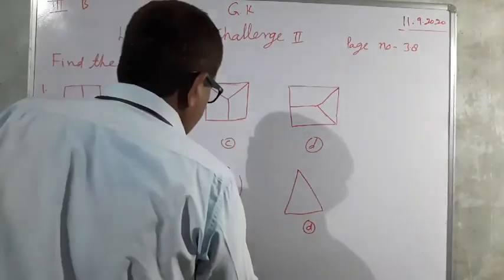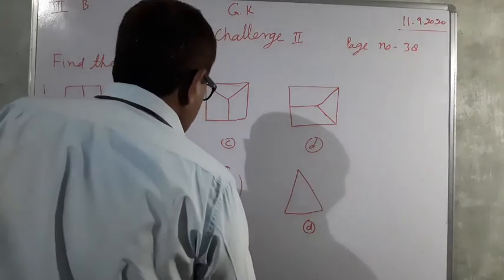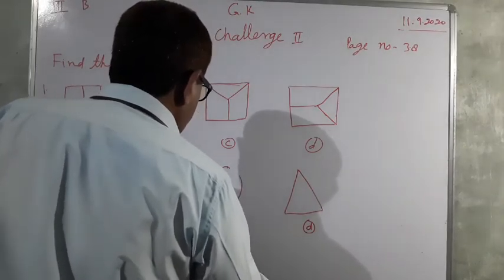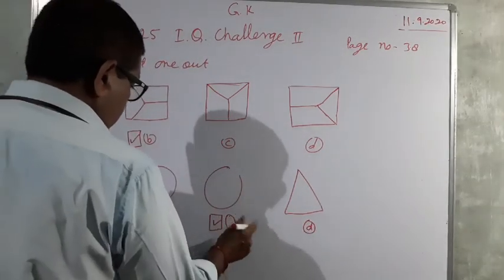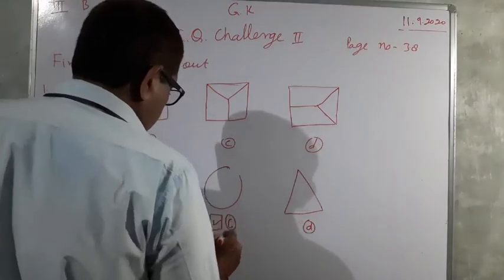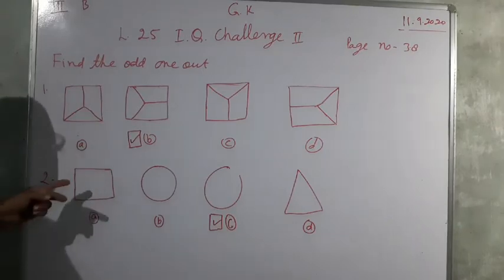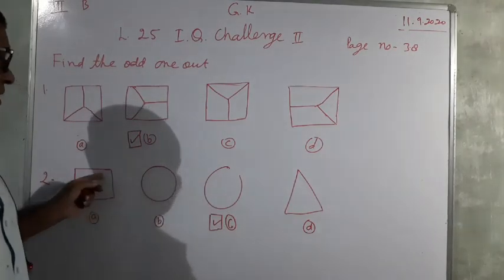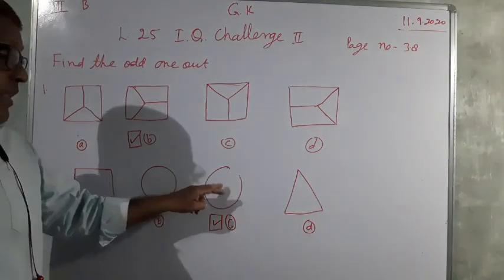So C, in this case C will be the right answer. So here you have to make a tick in the, sorry, this is C, in the C. So here the other shapes are similar, and in the four diagrams only this one is different.